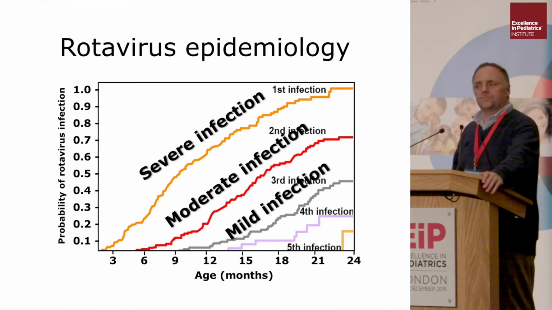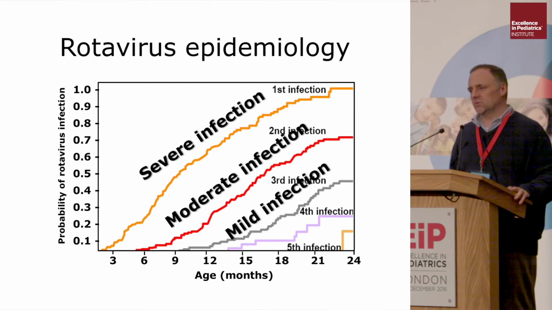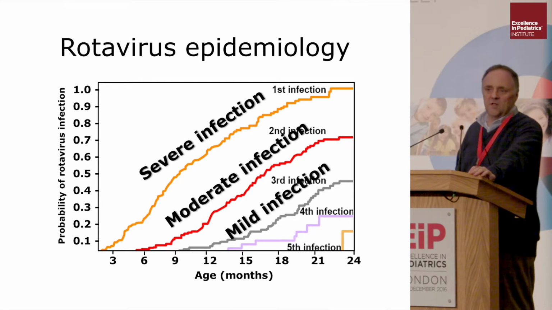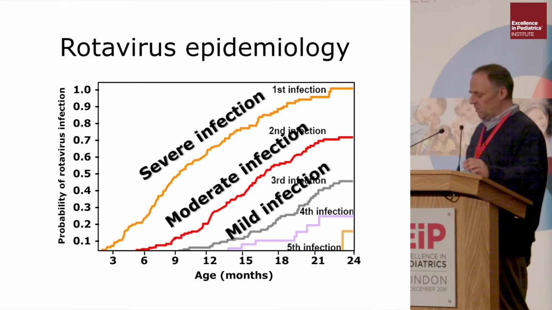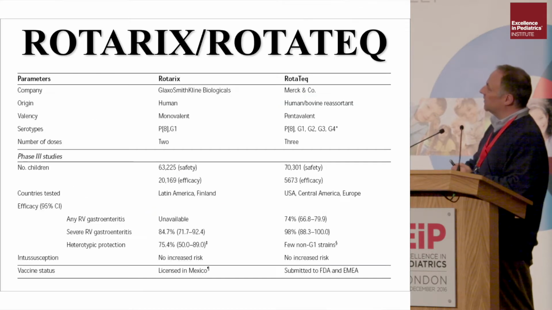So if you observe that later infections with rotaviruses are less severe than the first infection, then it becomes obvious what you want to do. You want to make the first impression that the rotavirus makes on a child a rather more friendly encounter with a live rotavirus vaccine, and that was what happened.